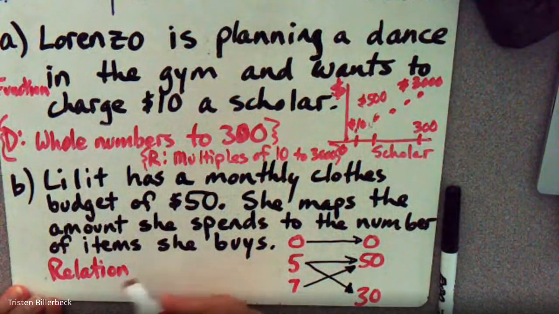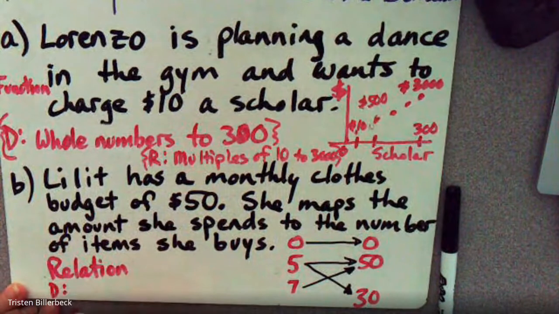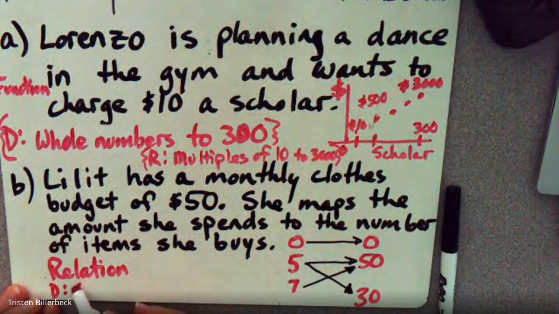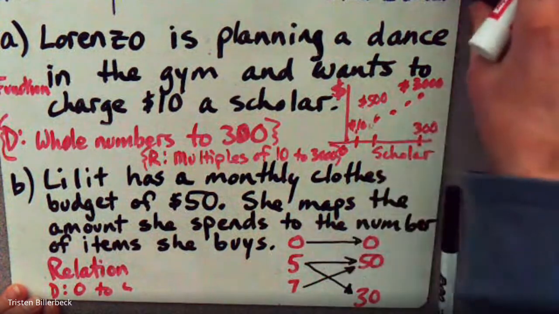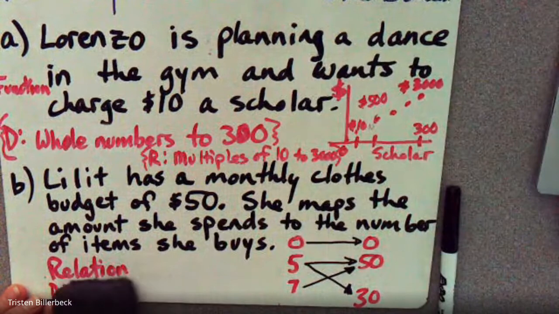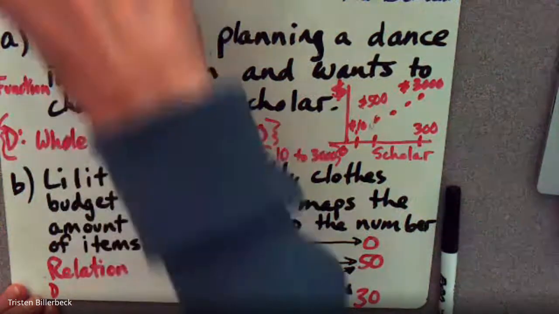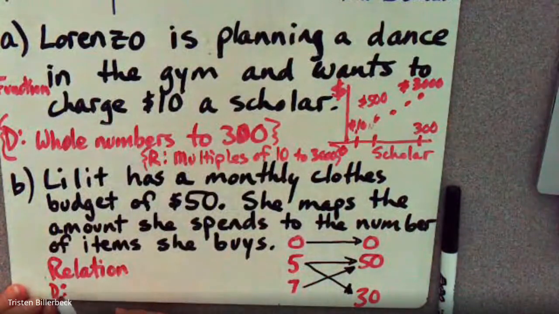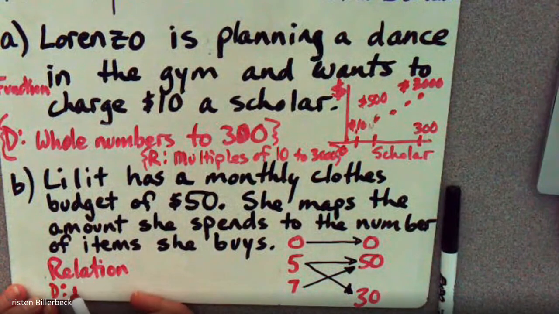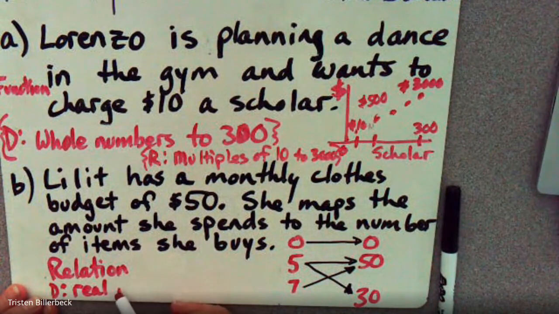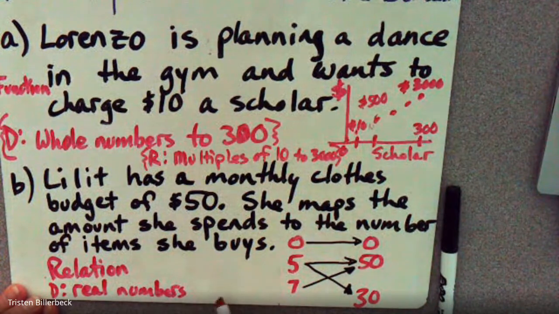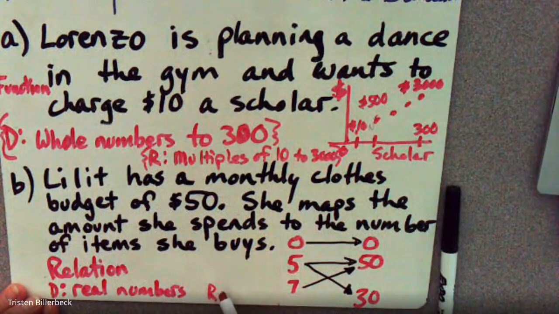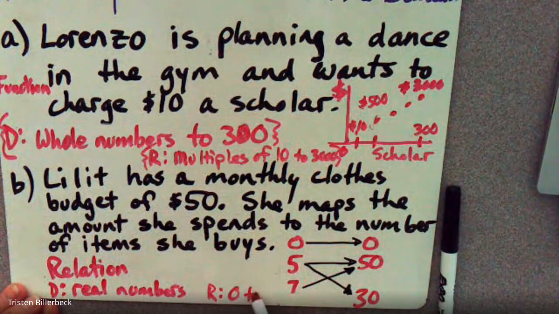So then our domain could be 0 to 50. Well, we could buy various items. Maybe we could buy something in bulk, like funny monkeys. So we have no idea, but they're real numbers. And then the range would be $0 to $50.